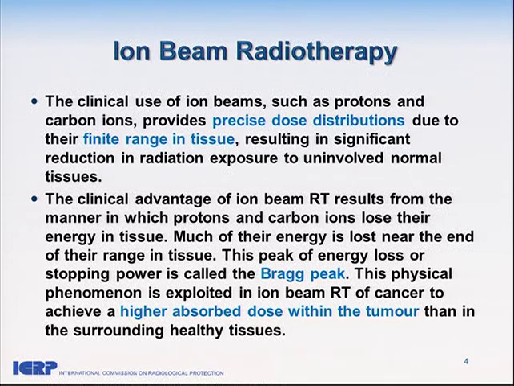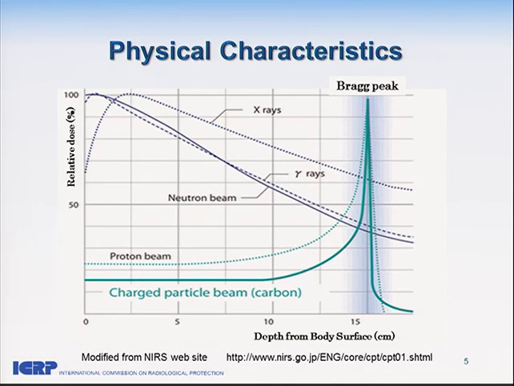This is not a new idea. It's a very old idea from when Dr. Bragg found this phenomenon. This physical phenomenon is exploited in ion beam radiotherapy of cancer to achieve higher absorbed dose within the tumor than in the surrounding healthy tissues. This is the general concept of this new technology.